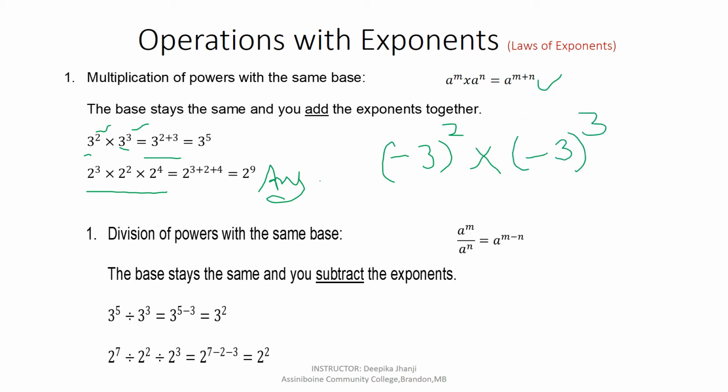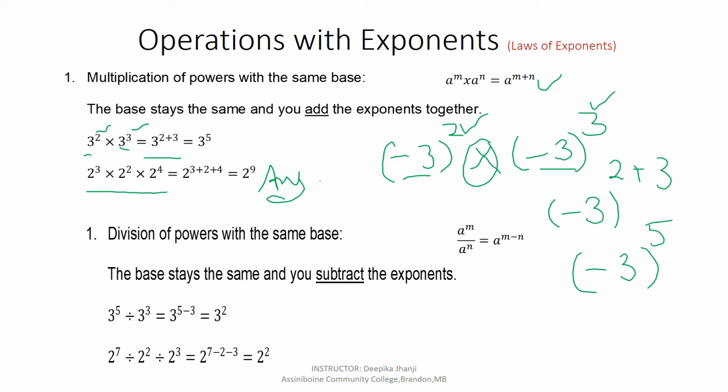What will be the result now? Now negative 3 is the common base, right? So let's write it down just once and then we'll add the powers because there is a product in between, right? So 2 and 3 will be added, 2 plus 3, and that becomes negative 3 raised to power 5, right?